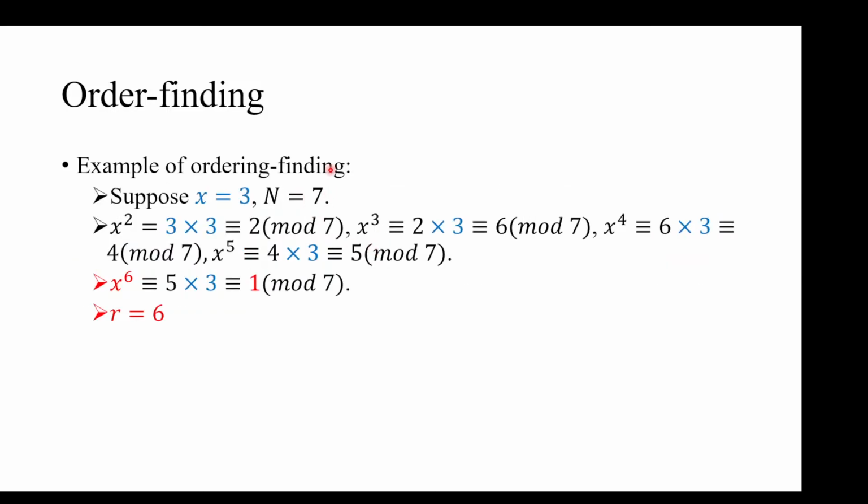So if your N is 7, obviously you cannot factor this because it's a prime, but anyway we can still find its order. Okay, so N equals 7 and x equals 3, then you keep multiplying these 3. And you see that you multiply x by itself 6 times, and then you go back to 1 mod 7. Okay, and so r equals 6 for this pair of x and N.